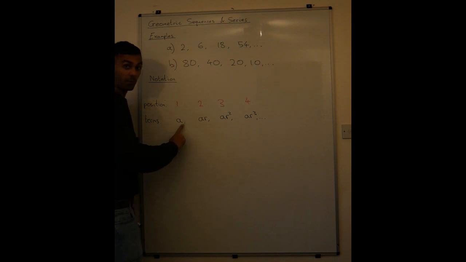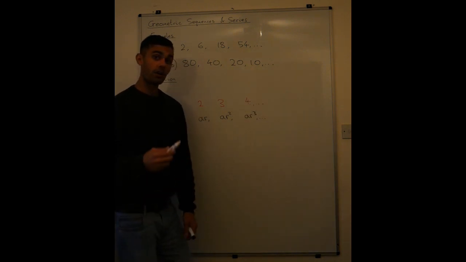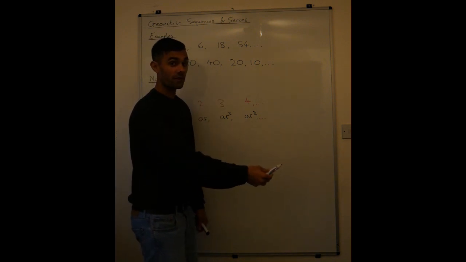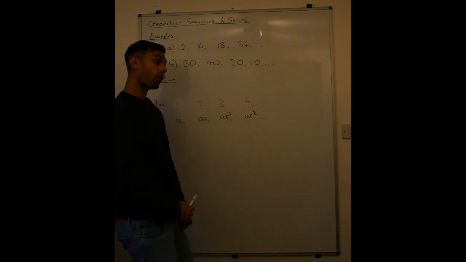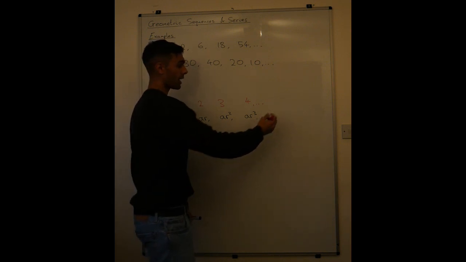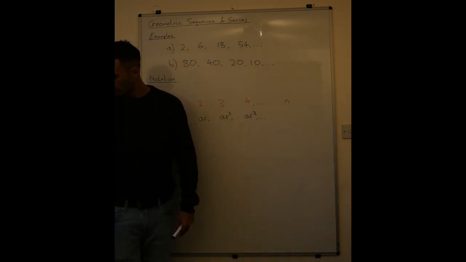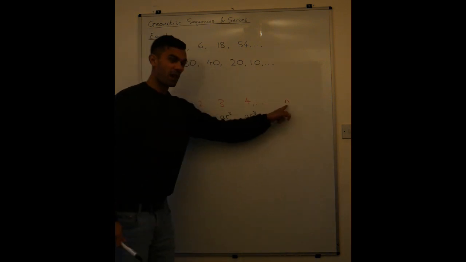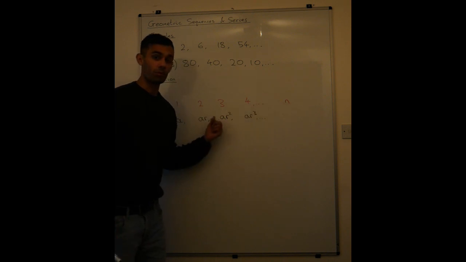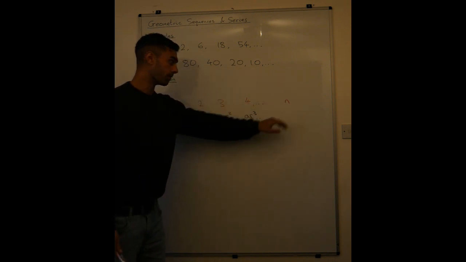So we've got term 1, term 2, term 3, term 4. That can go on forever if it's an infinite sequence, or it might be a finite sequence that will have an ending, in which case I'll say the last position is n. n generally represents the general position.